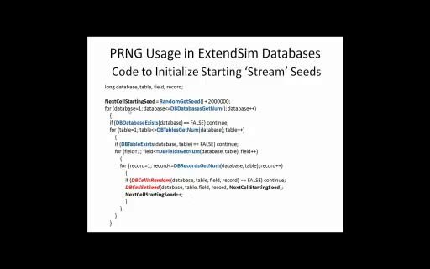Some things to note here: when we're looking at databases, we ask how many databases we have in the model. This returns the total number that the model has ever known about, but some of those databases may not be active. So we first test to see if the particular database we're pointing at actually exists. If it doesn't, we do a continue, which skips all of this code and gets us the next database.